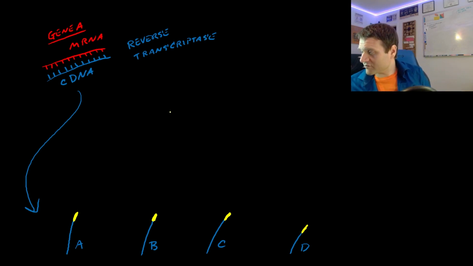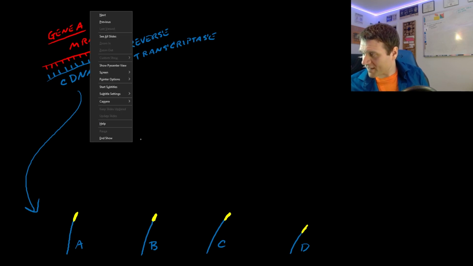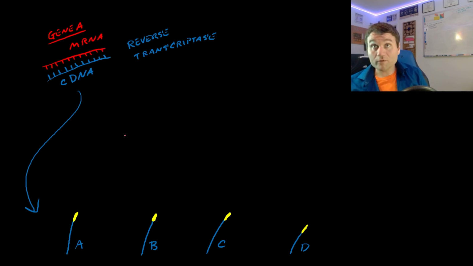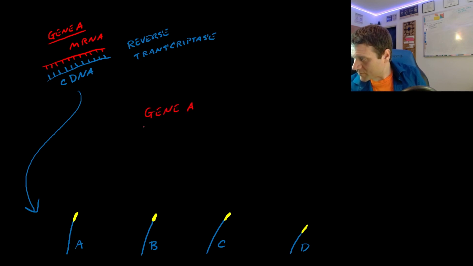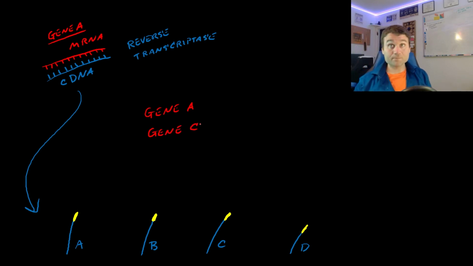So, let's say I take a certain cell type, and that cell type only uses genes A and gene C. I can take a cell of that type, I can blend it up so I get a nice cellular slurry. I get all that cytoplasm with the mRNA mixed in.